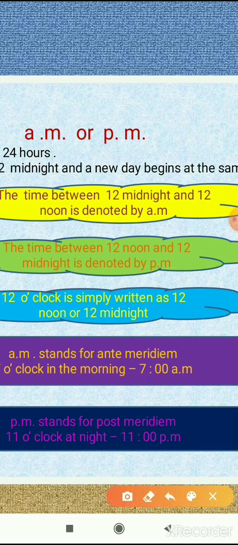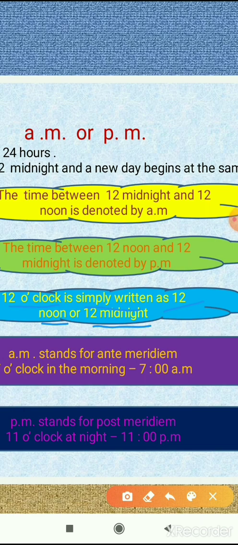Now see the next point. 12 o'clock is simply written as 12 noon or 12 midnight. We have seen that the time between 12 midnight and 12 noon is denoted by AM, and the time between 12 noon and 12 midnight is denoted by PM.